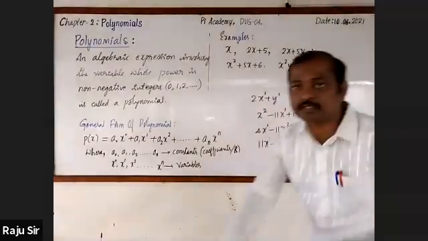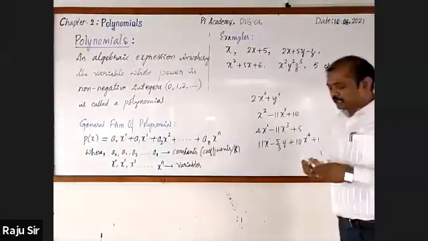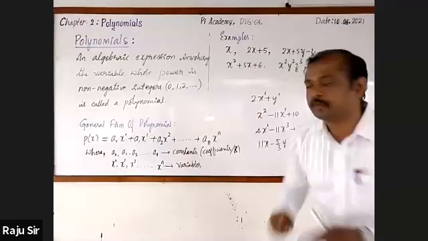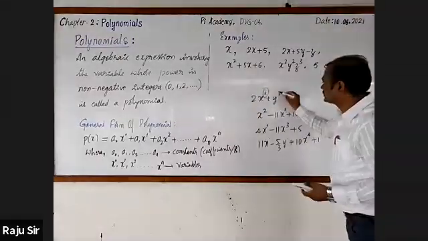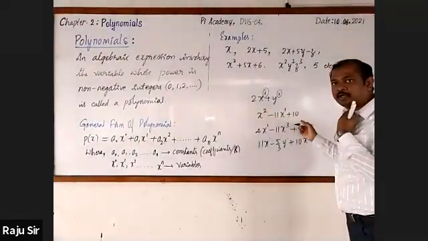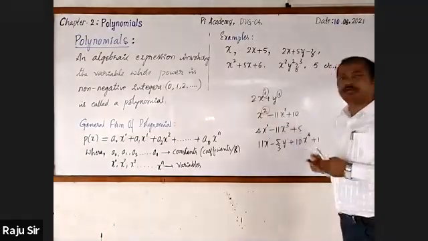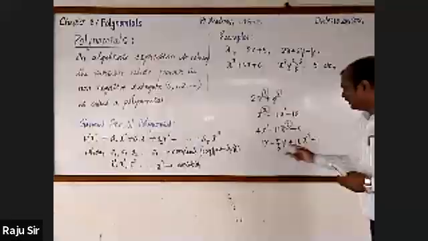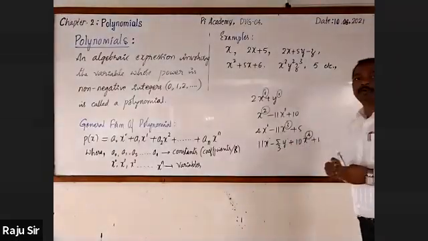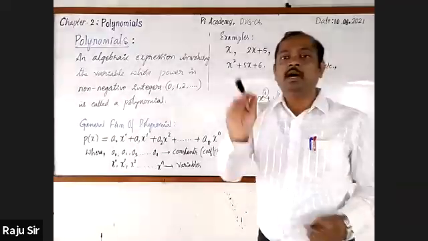Now I am going to encircle only the highest power. Okay, this is highest power. In the second polynomial, highest power is 2. Third polynomial, highest power is 3. In fourth polynomial, highest power is 4. Then what do you call the highest power? Degree of the polynomial.